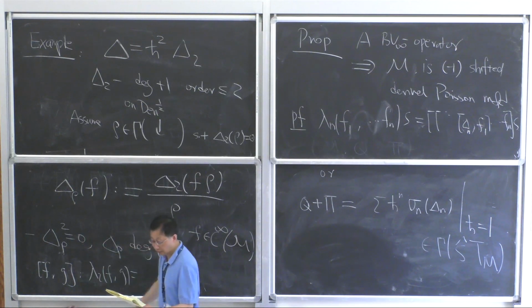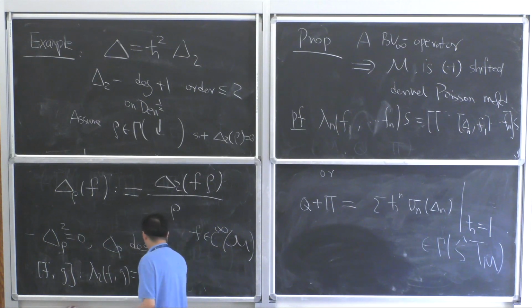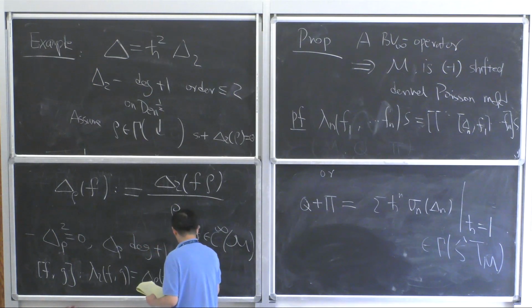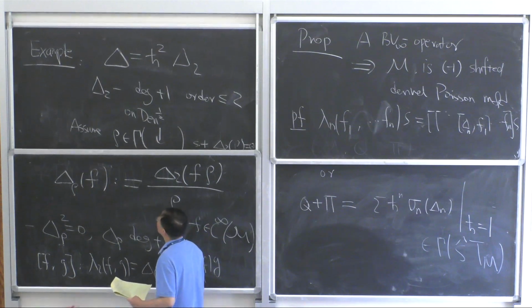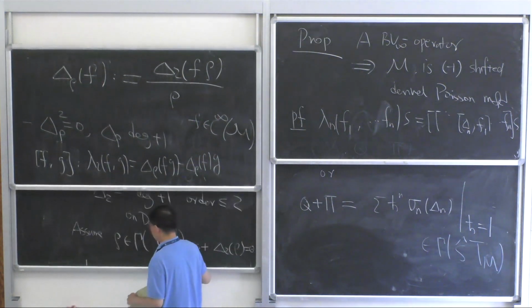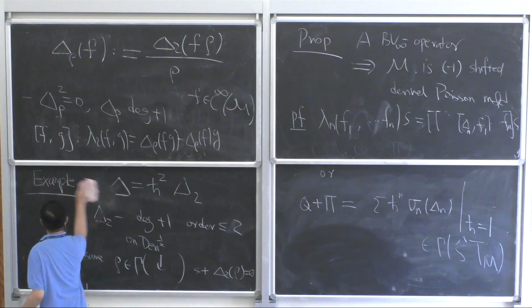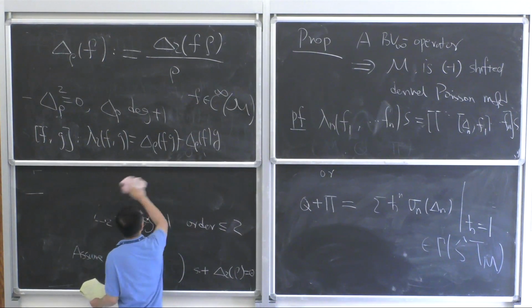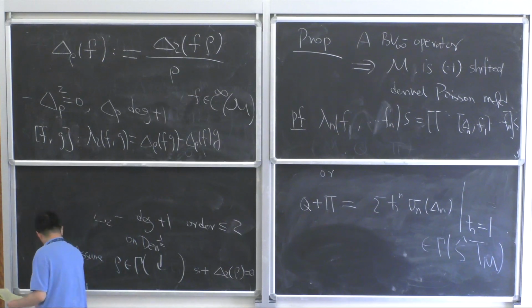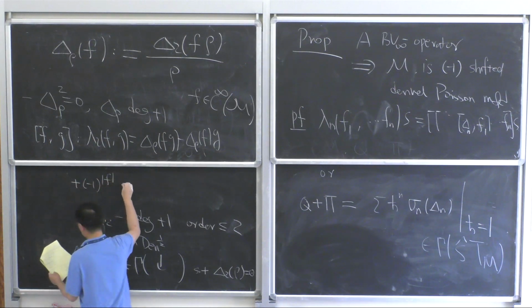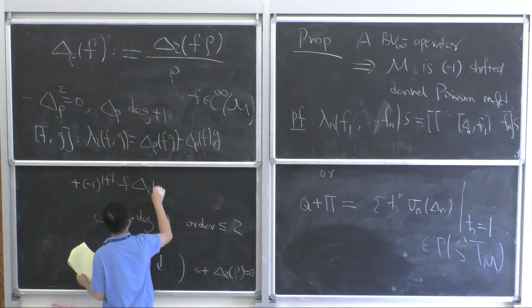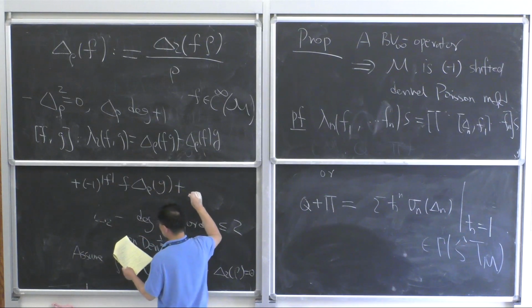If you write it as the commutator, you can see this is just the Fg minus... I think that's it.